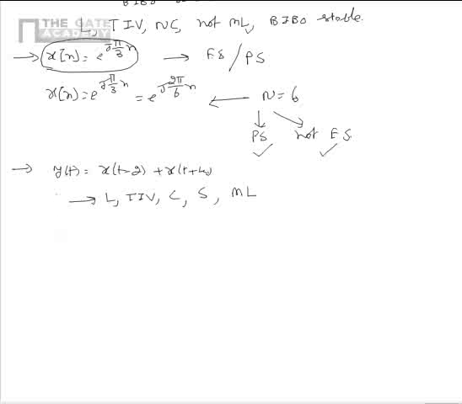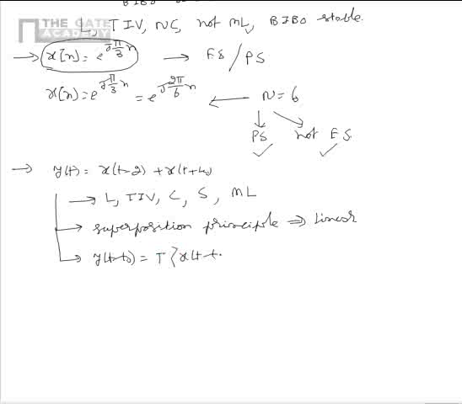We see that the given system satisfies superposition principle. From this, we can see that the given system is linear. Also, we can prove that the delayed version of output, that is y of t minus t naught, is equal to output due to delayed version of input. From this, we can say that the given system is time invariant.